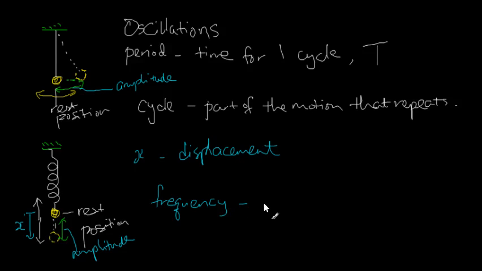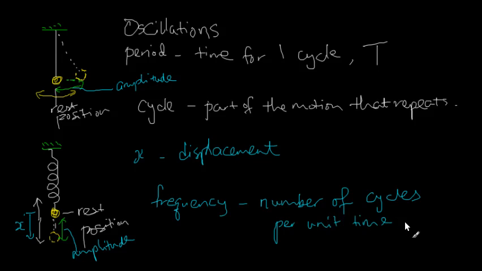So we say that the frequency is the number of cycles per unit time, as in unit time can be any unit, like seconds or minutes or hours. SI units would be seconds. So the number of cycles per unit time is the frequency.